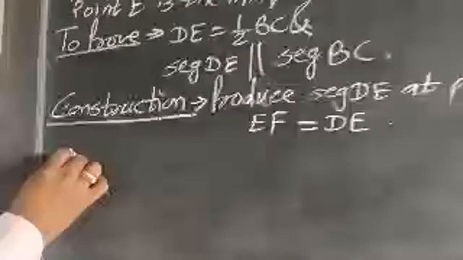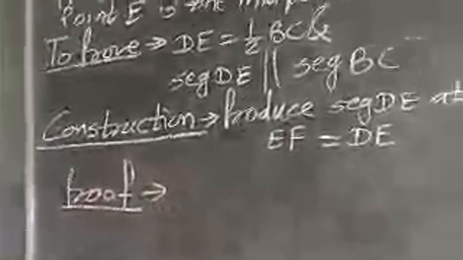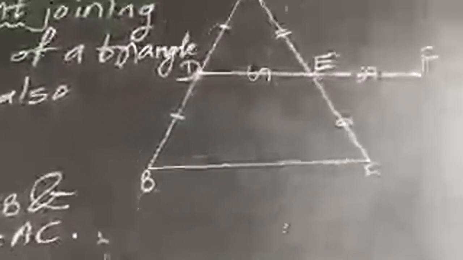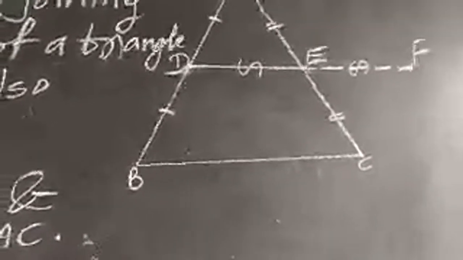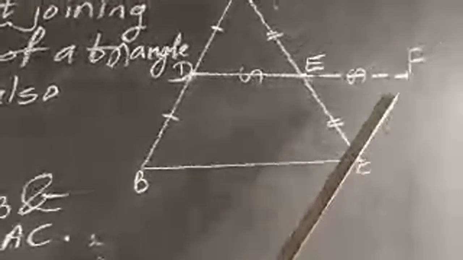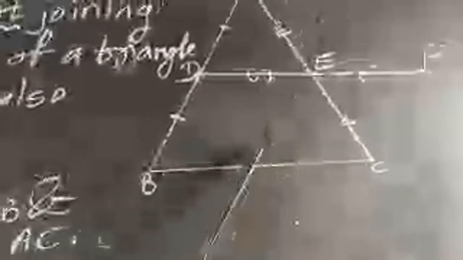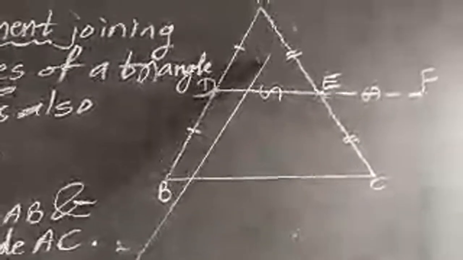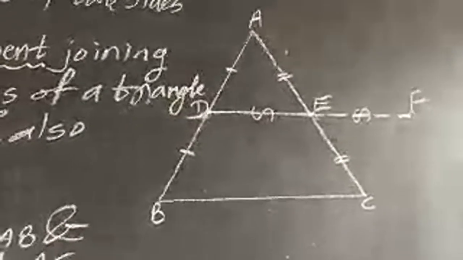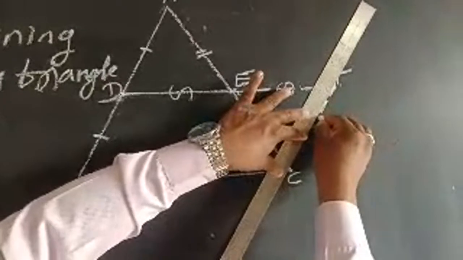After that, next is proof. Before that, for getting a triangle, what do we join? We can join CF, also AF, but the same triangle we can't get. After joining CF we get triangles, this triangle and this triangle. What do we join here? CF, good.